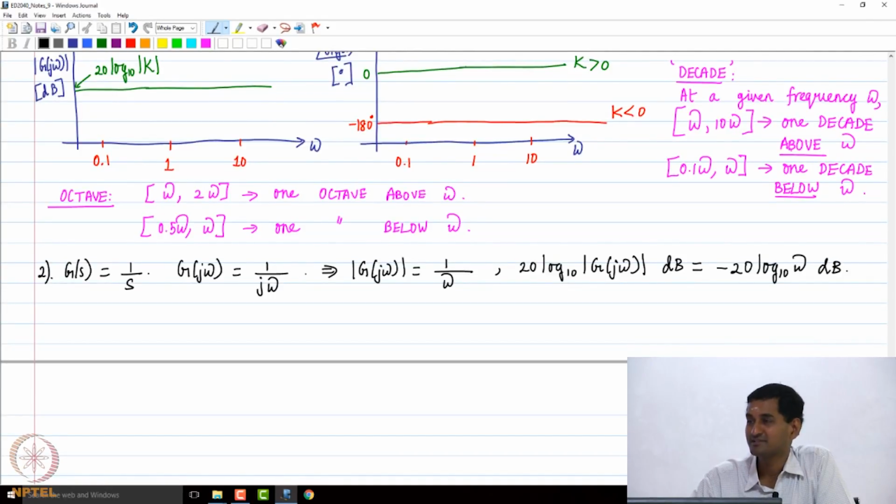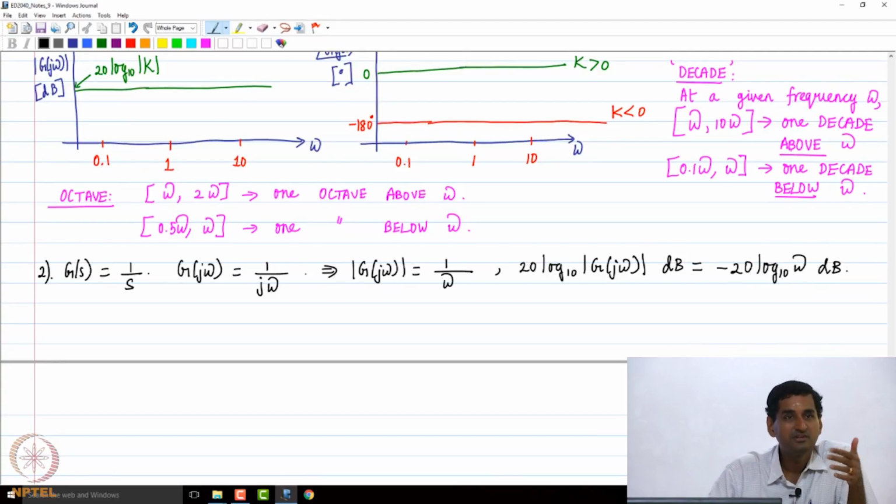Of course, omega is positive, it's frequency, so I am not putting an absolute value here. I hope it's clear how we got this. Because 20 log to the base 10 of 1 by omega is going to be minus 20 log of omega. So that's what we have in decibels measure, right? So that is the magnitude.